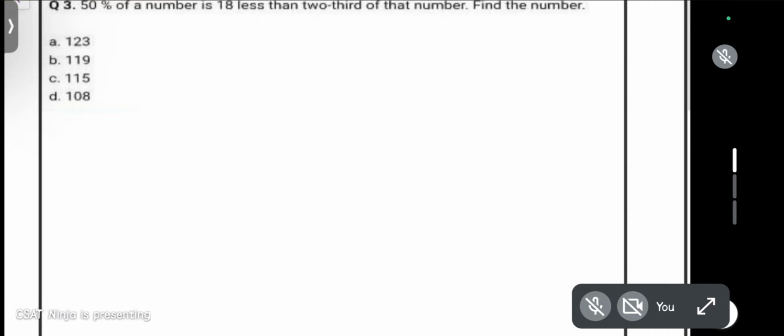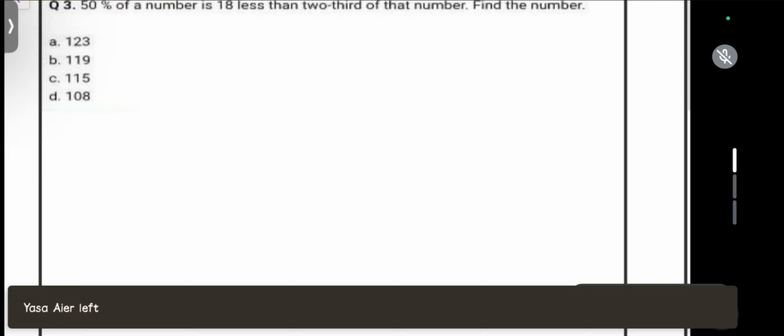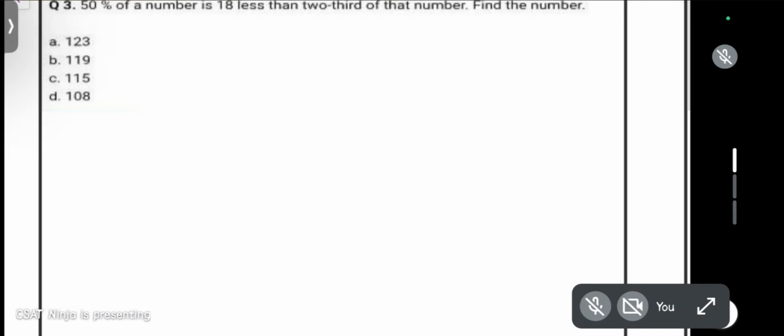Let's go to another type. It is based on number base again. Even in this question, I'll form an equation out of this, okay? So let's read the question first. 50% of a number is 18 less than 2/3 of the number. So let's take one at a time.